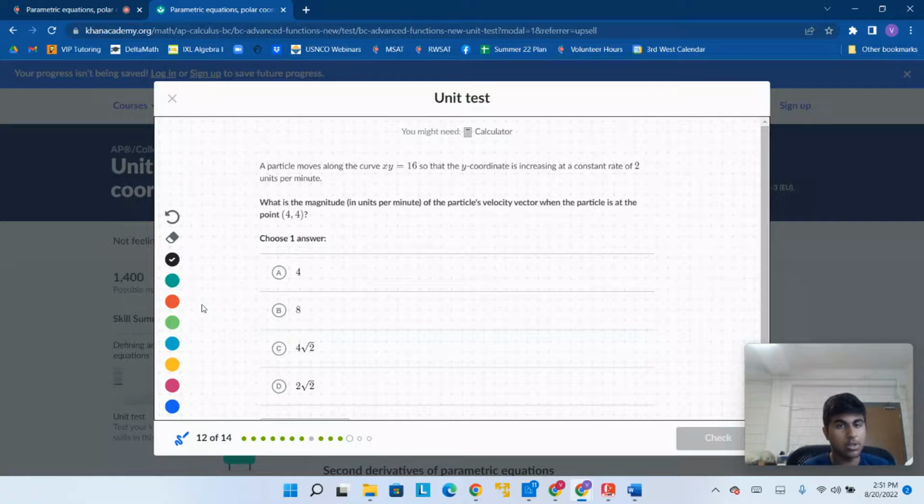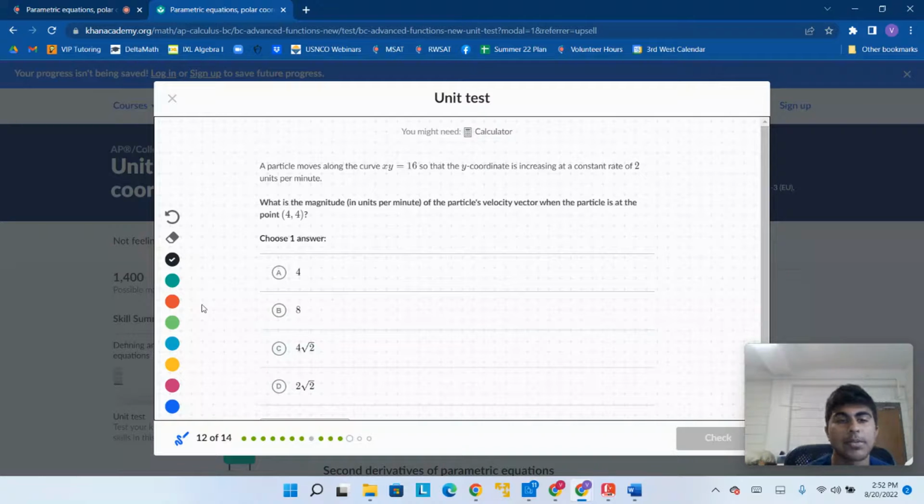Well, we have a vector, right? The velocity vector is something comma 2. The x coordinate of the velocity vector is going to be pretty all over the place all the time. So this seems like a related rates problem.